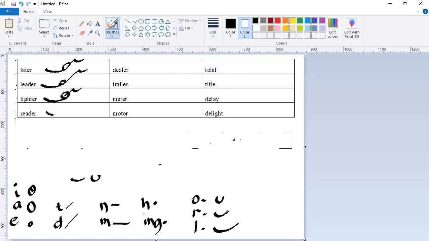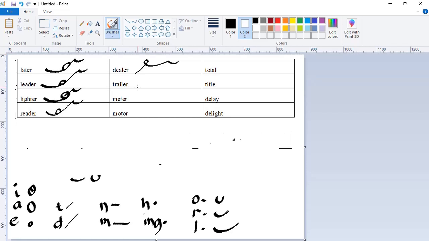So we have read, R, E, D, and then we have the R. Next, we have dealer. We have D, and then E, and then L, and then R. That's how you write dealer.